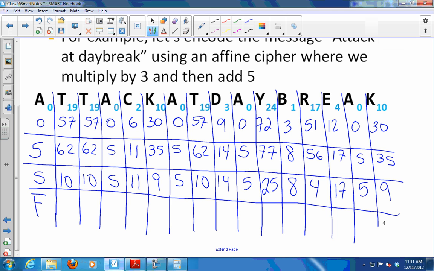What's 10? K. And 5 is F. 11, 9, J, F. 14, Z, I, E.